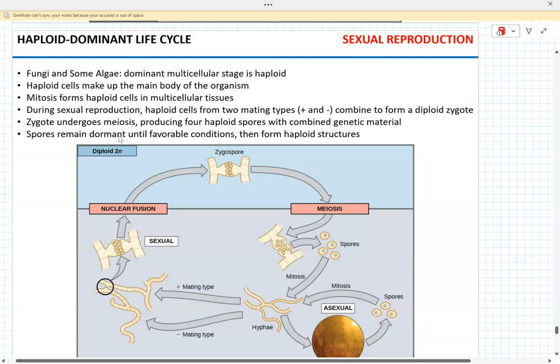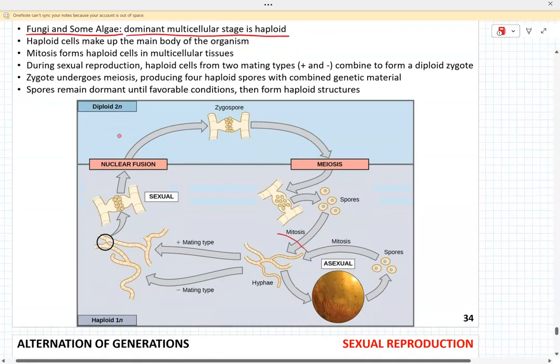Now, in haploid dominant life cycle, which is characteristic for fungi and some algae, the dominant multicellular stage is haploid. So haploid cells here form the main body of the organism.